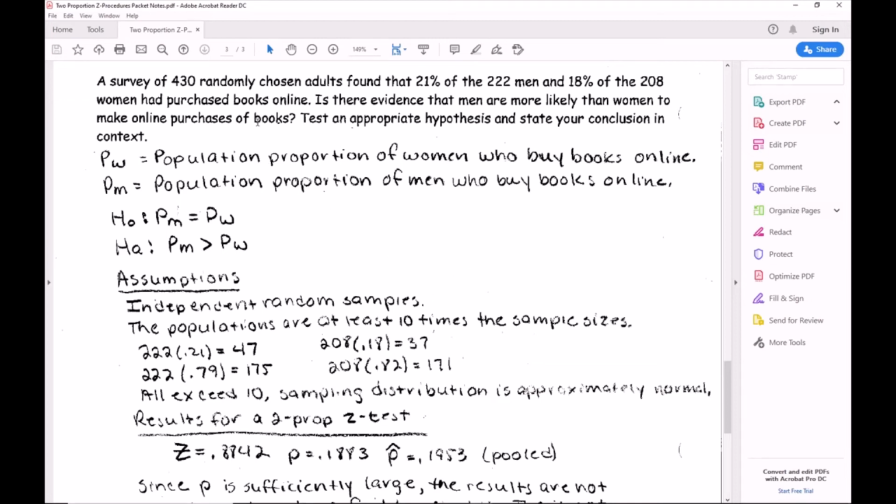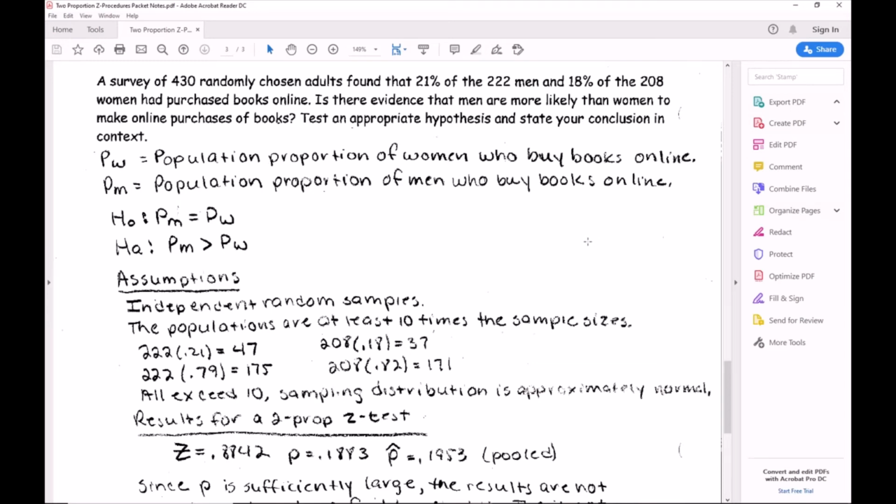So 430 randomly chosen adults found that 21% of 222 men and 18% of the 208 women purchased books online. Is there evidence that men are more likely than women to make online purchases of books? Test an appropriate hypothesis and state your conclusion in context.